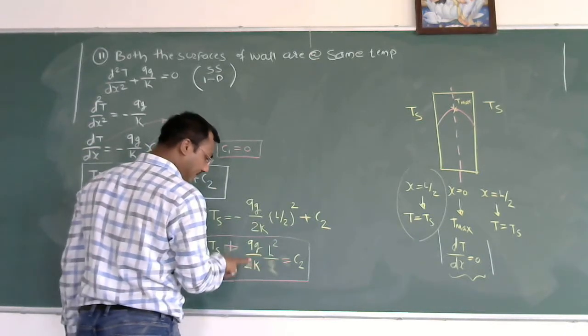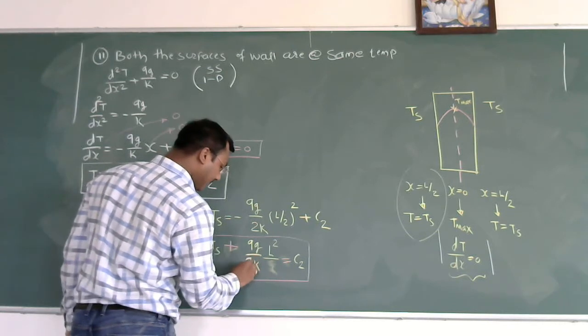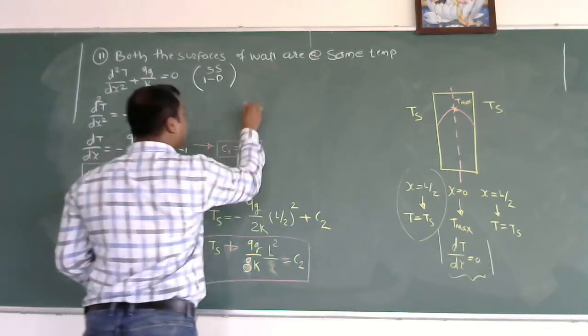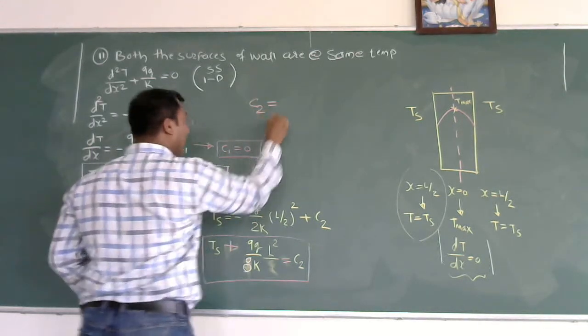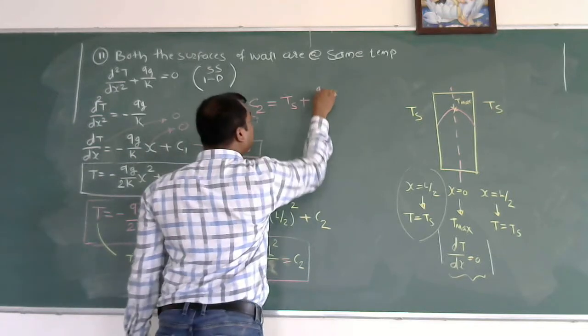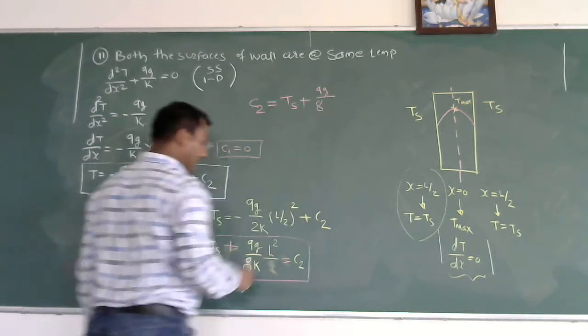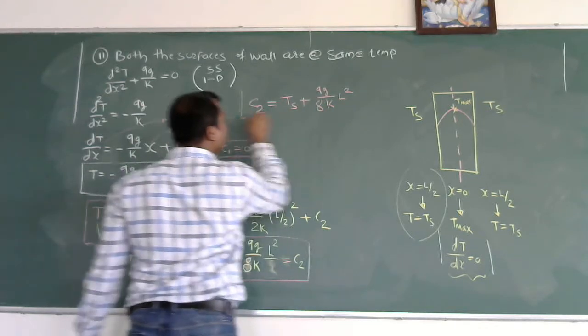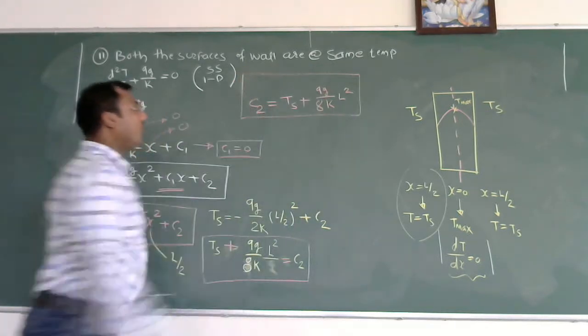If I simplify this, this will be 8k. So if I write this the correct way, c2 will be equal to Ts, that is the surface temperature, plus qg by 8k into L square. So this becomes the value of c2.